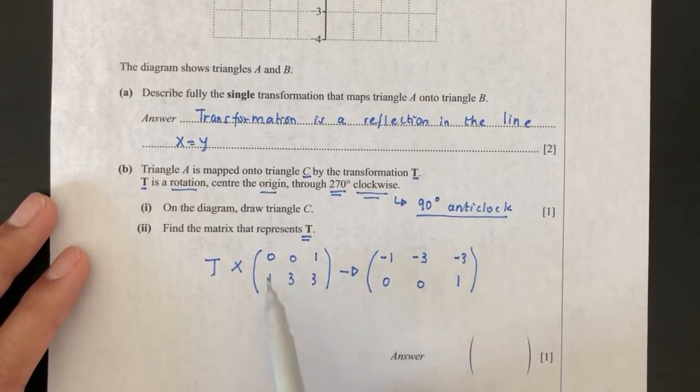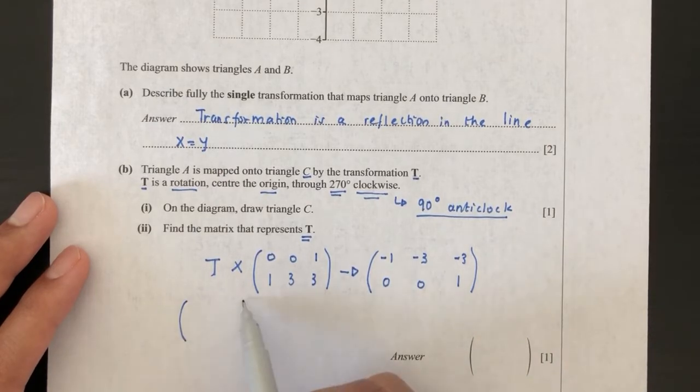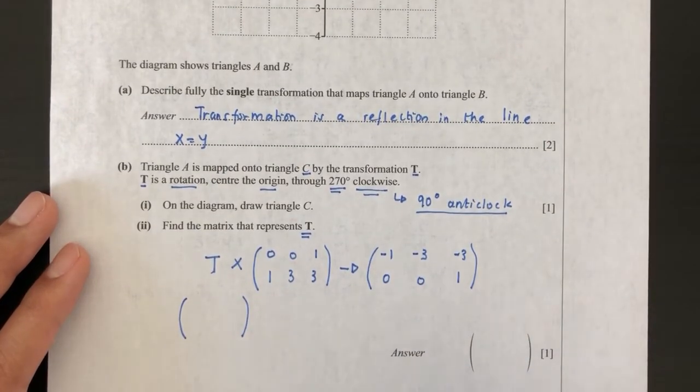So we observe that this is the x coordinate of A, but it became the y coordinate of the triangle C, which means I know what it may look like, and this was the y coordinate of A, and this is the x coordinate of C. It became negative, so we have to change the sign to make it that way.